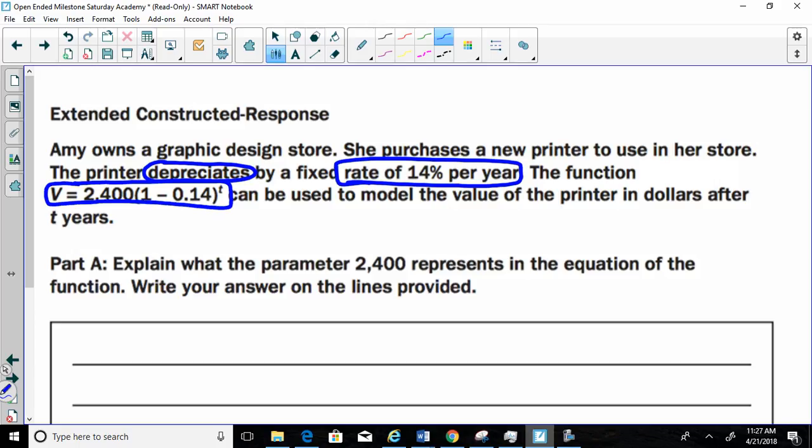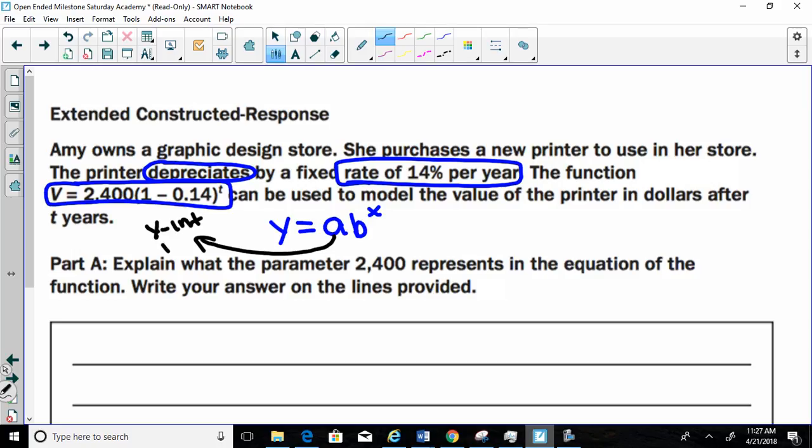Look at your formula sheet and go to where it says exponential. See where it says y equals a b to the x. As soon as you get your formula sheet, I would make little notes of things you may forget. What does a mean? What is a in your exponential equation? Initial, starting, your y-intercept.